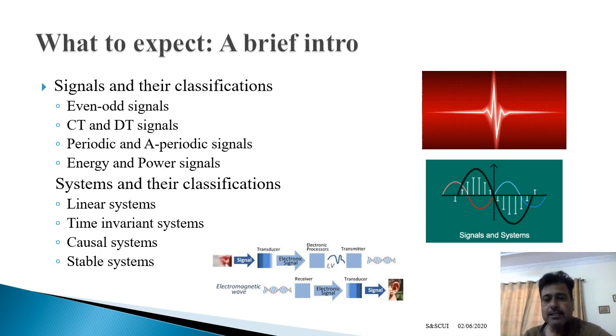So signals can be divided into various categories. There could be even signals, odd signals, continuous signals, discrete signals, periodic and aperiodic signals, energy and power signals. So we will talk about different classes of these signals.